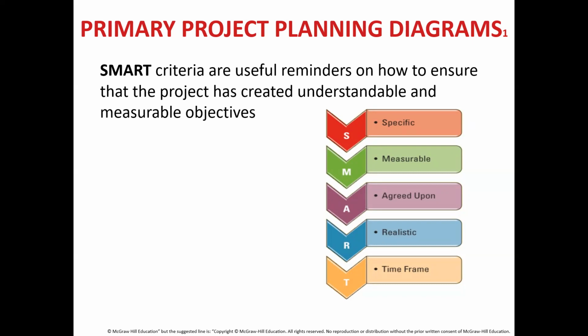Now, SMART criteria are useful reminders on how to ensure that the project has created understandable and measurable objectives. SMART is basically a collection of abbreviated terms for specific, measurable, agreed upon, realistic, and time frame.